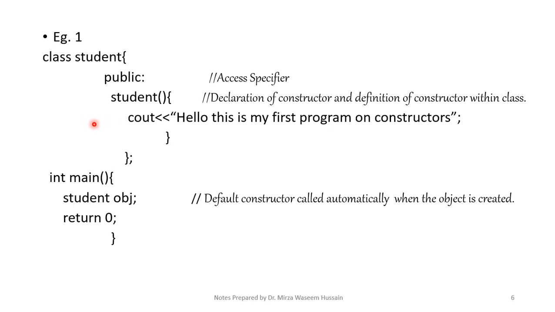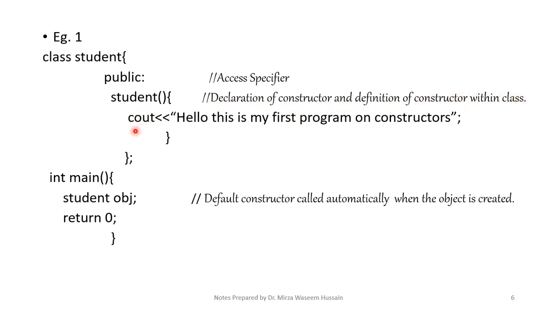Let's make it clear by the example. Here we are declaring a class named student, access specifier public, and here we are declaring a constructor named student. Look, the name of class and constructor is the same. Here we are declaring the constructor and defining it within the class.